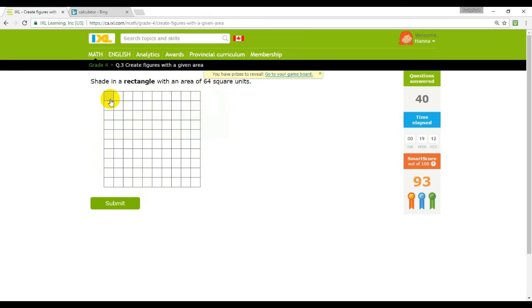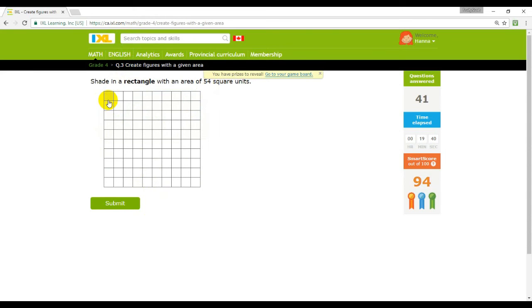64. Okay, I think I know this. I just gotta X out this. It's 8 rows of 8s. Okay, 54.